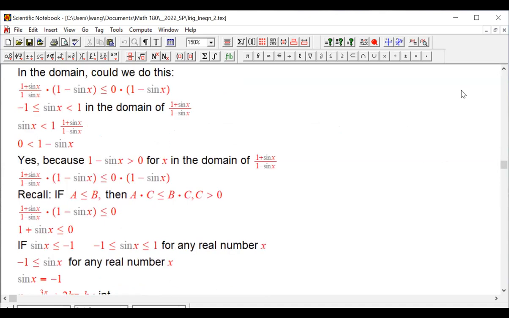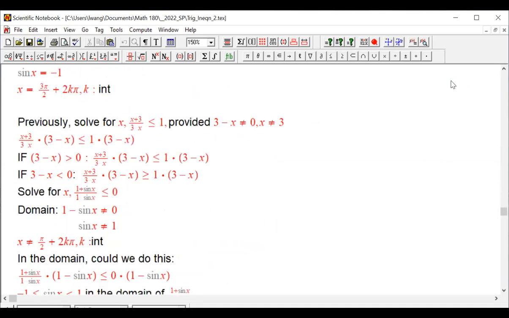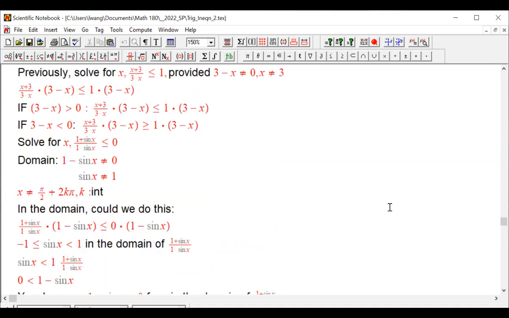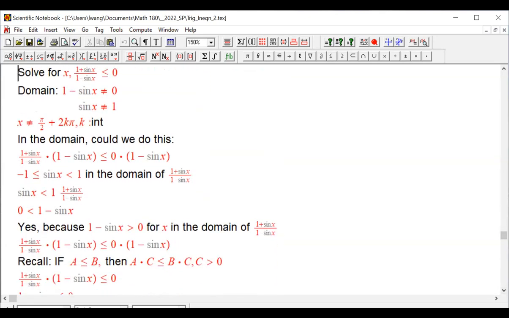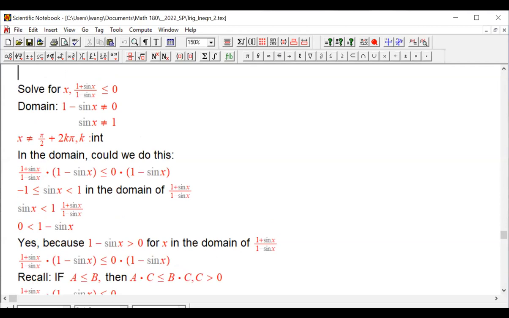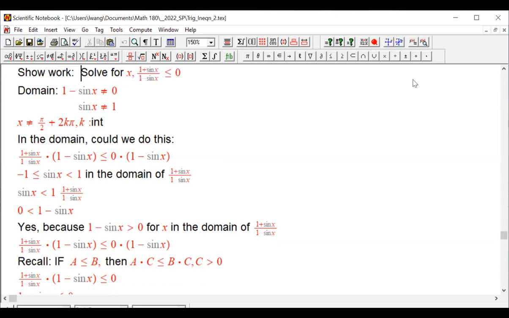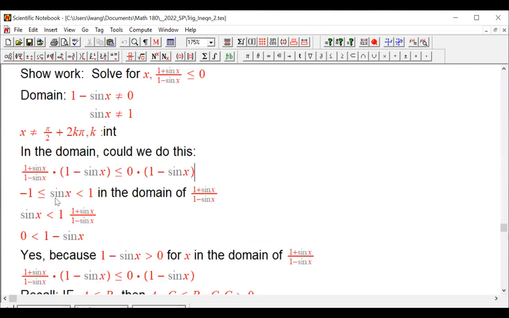Okay, so we have the show work part. Our question is solve for x. First we determine the domain: the denominator cannot be 0. I'll make the font size a little larger.